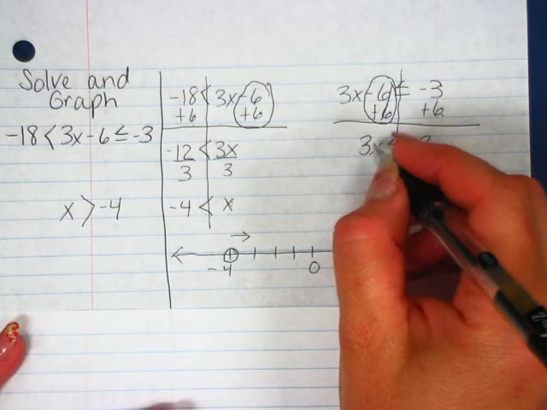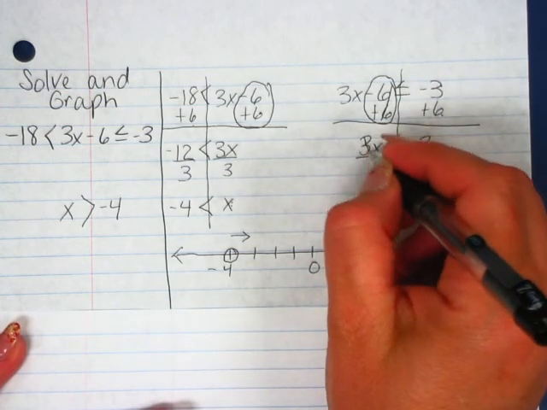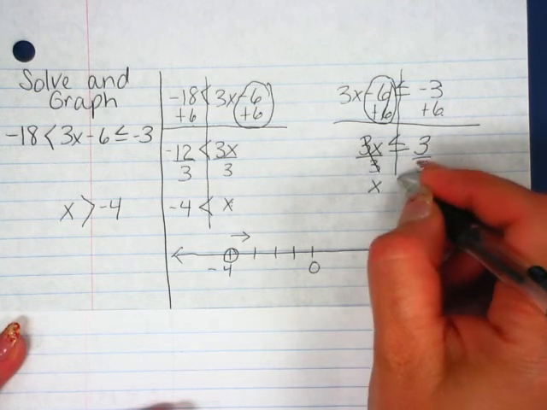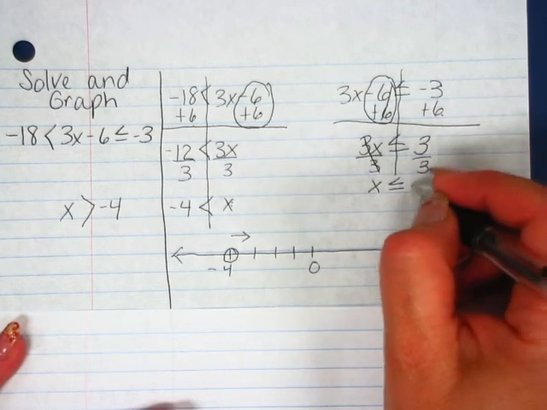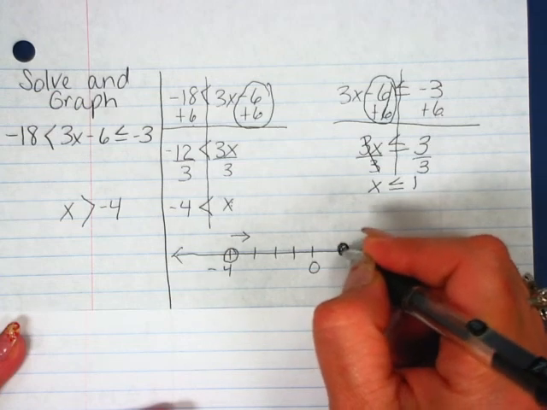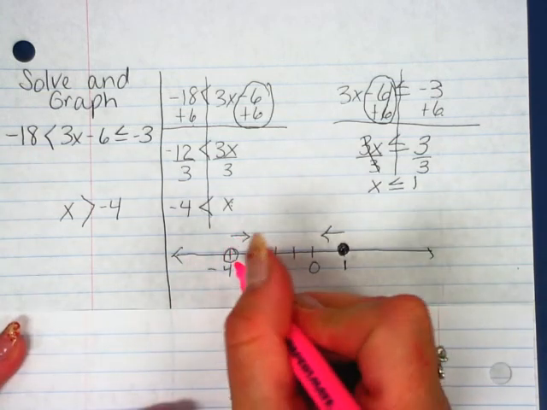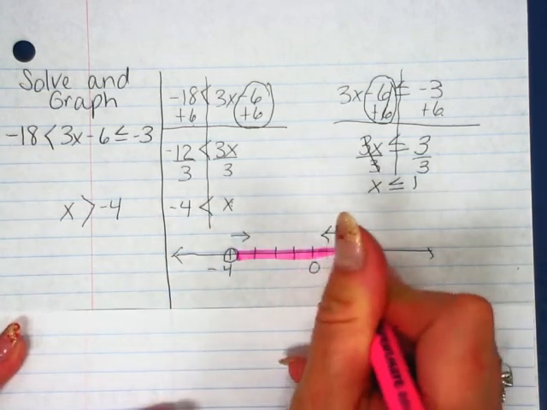Opposite operations, both sides, we're going to divide by 3. 3 divided by 3 is 1. X is less than or equal to 3 divided by 3 is 1. So we have a closed circle at 1. It's less than or equal to 1, so that means it's in between those two numbers.